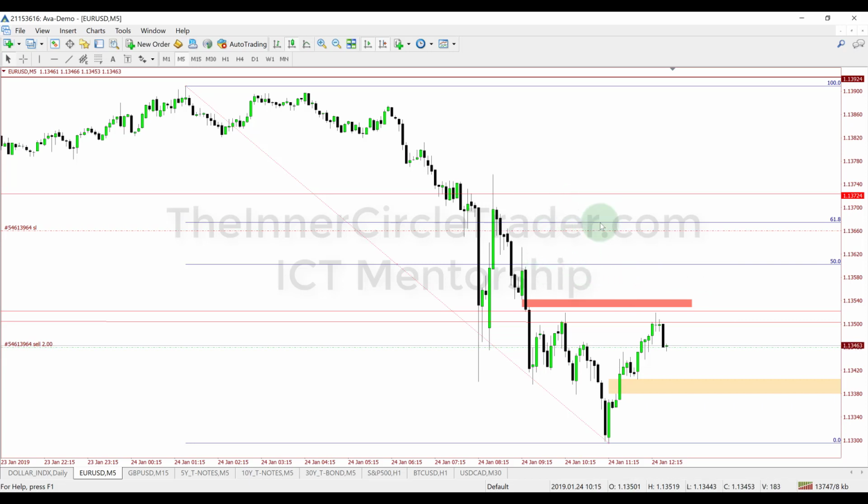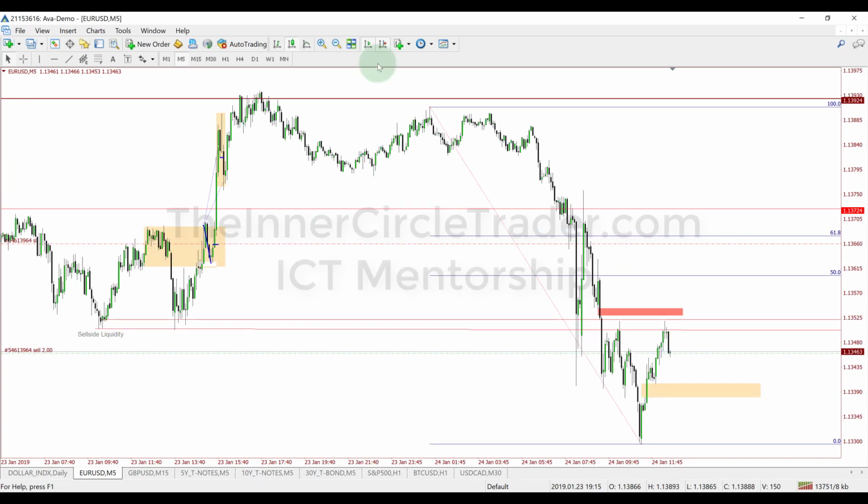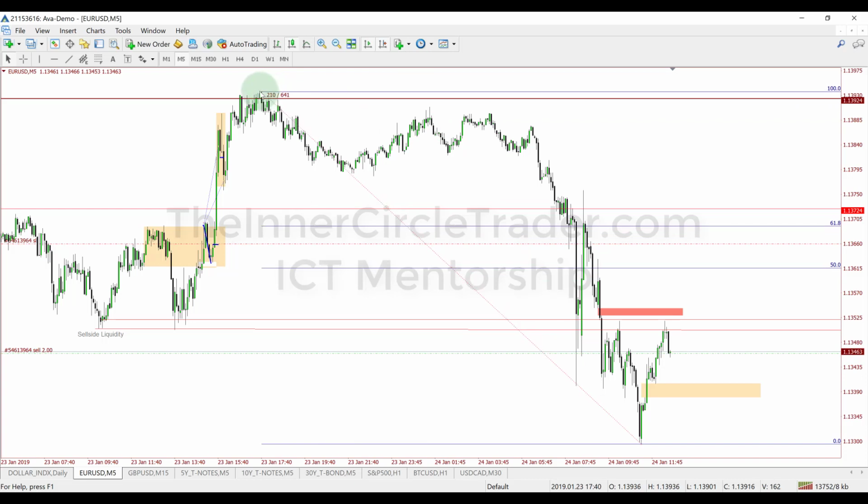So we would be in premium, and we would most likely seek a higher premium, which would be right in here. If you use the total range from yesterday, it still fits the same criteria.